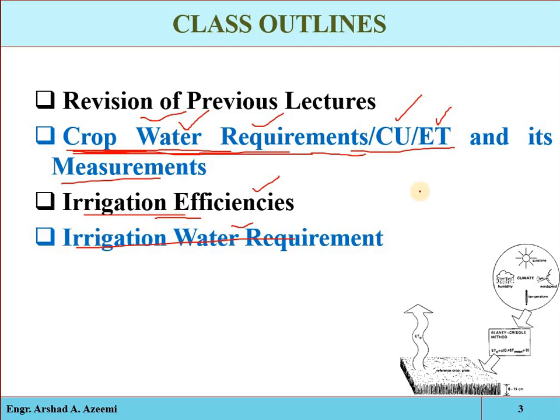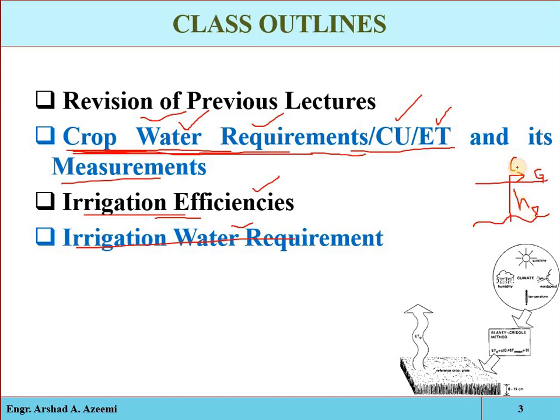For example, suppose this is the ground surface, and suppose that is the groundwater level. Clear? Suppose you have to raise the water from the lower level to the ground surface, so that height is called the suction head.